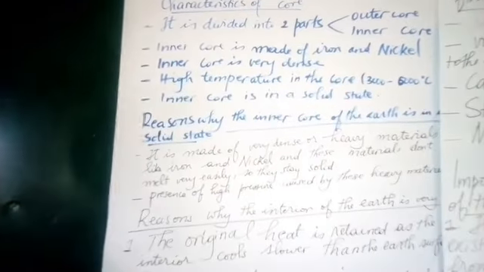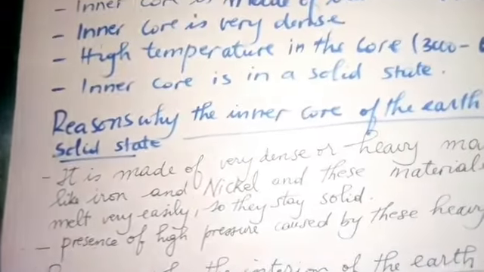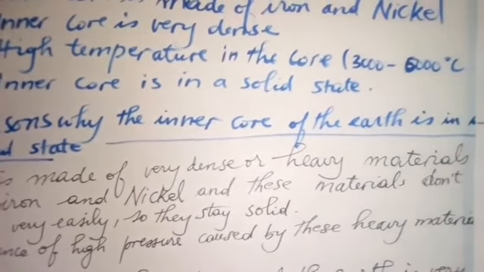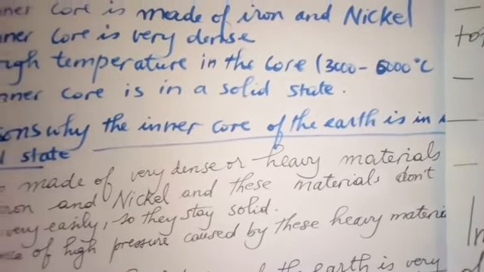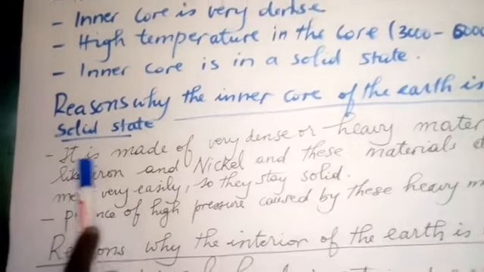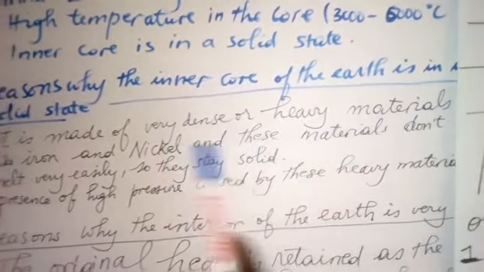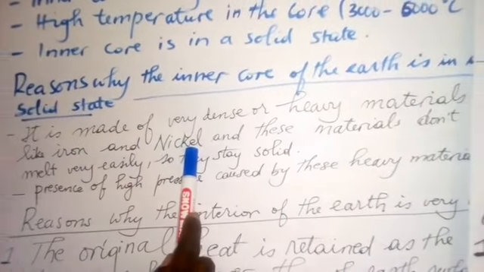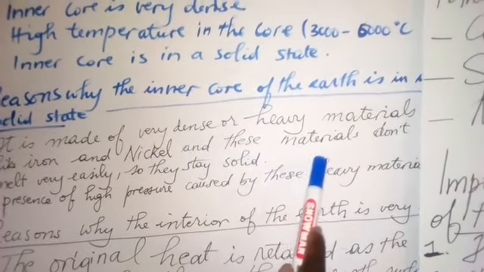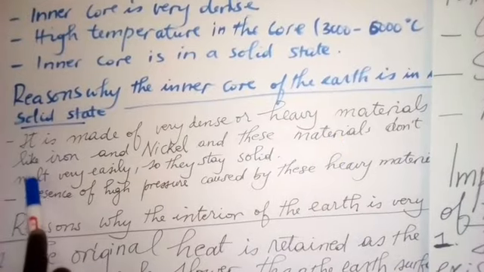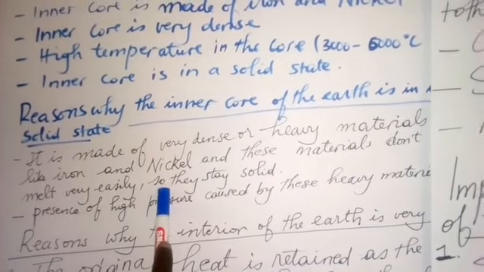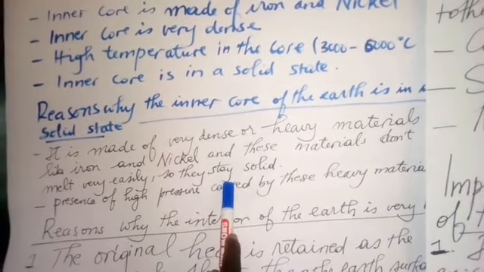The reasons why the inner core of the earth is in a solid state. Reason number 1. It is made of very dense or heavy materials like iron and nickel. Those materials don't melt very easily, so they stay solid.